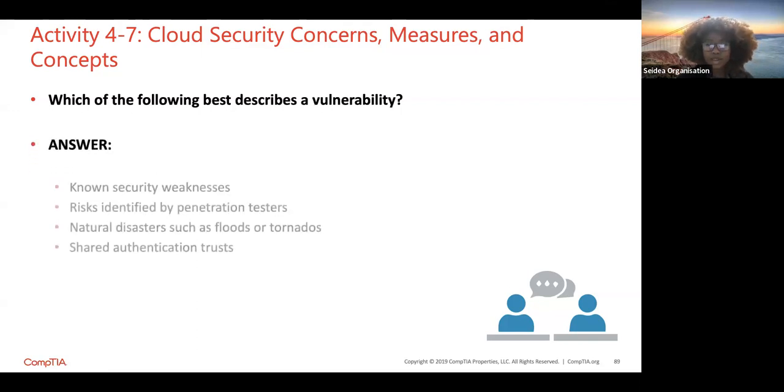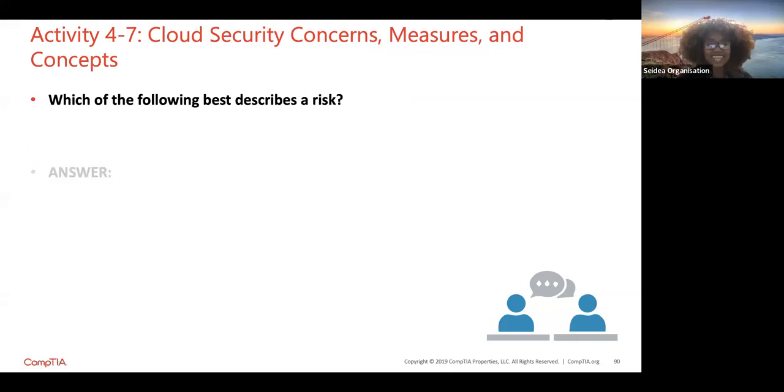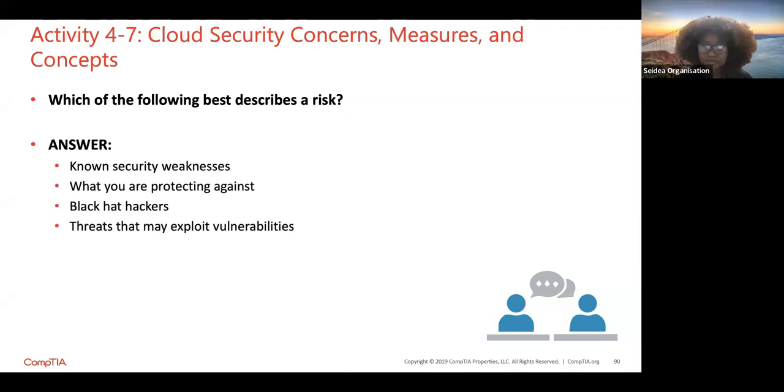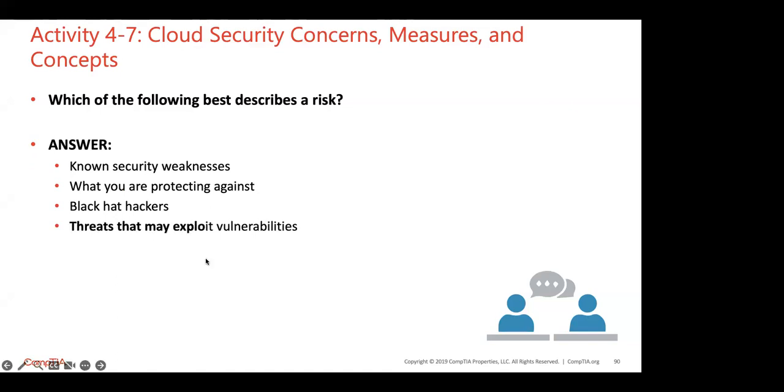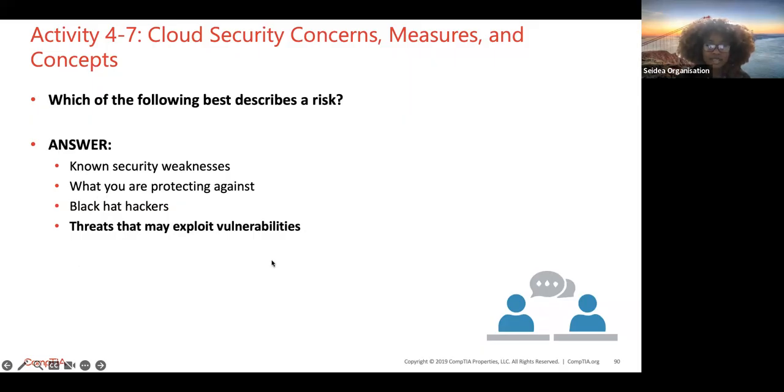Which of the following describes a vulnerability? I'm seeing A. Yes, it's a known security weakness. Congratulations, guys. Which of the following describes a risk? I'm seeing D. Yes, threats that may exploit vulnerabilities, because remember, threats and vulnerabilities equal risk.